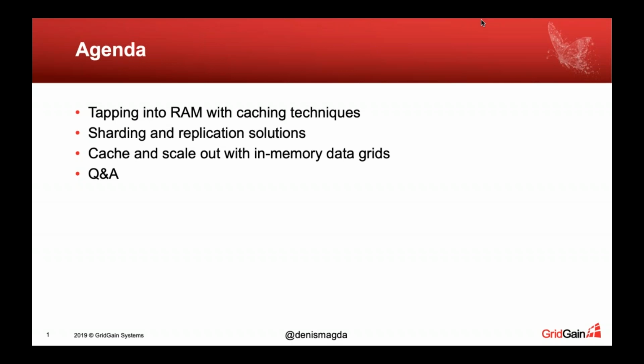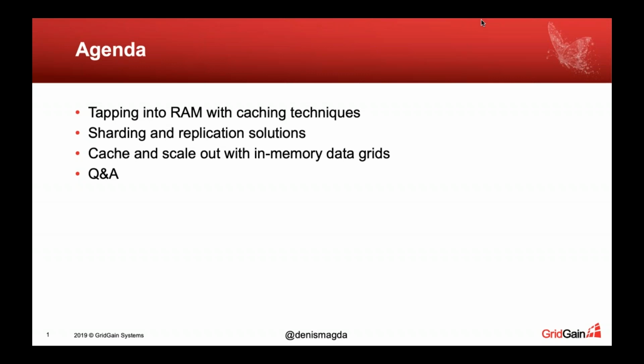Okay, let's move on with our agenda. The agenda basically splits into three primary categories. First of all, we are going to review the most straightforward ways available for Postgres to accelerate its workloads. We are going to see how to tap into RAM with basic, standard and proven caching techniques.